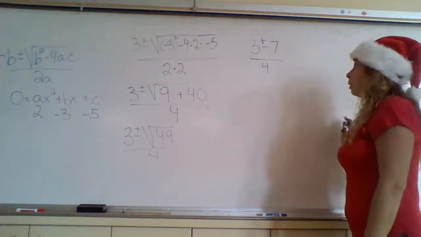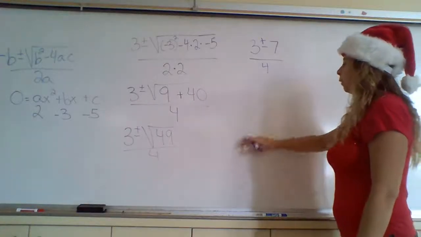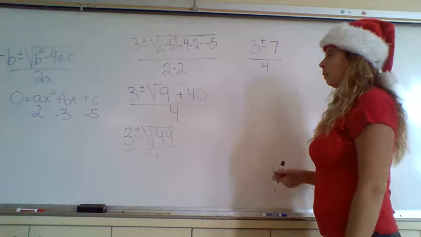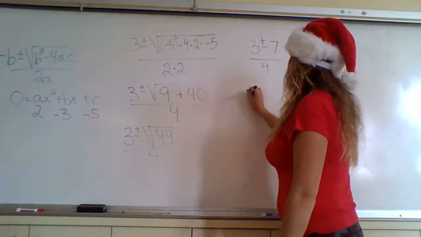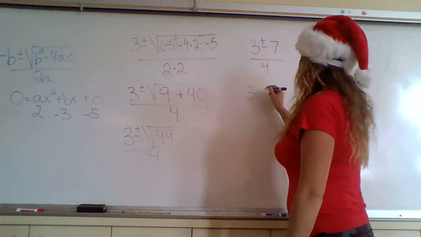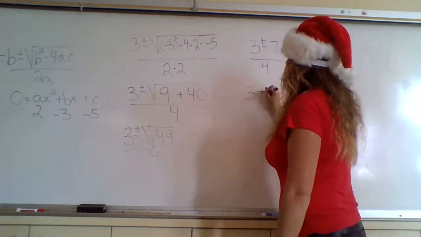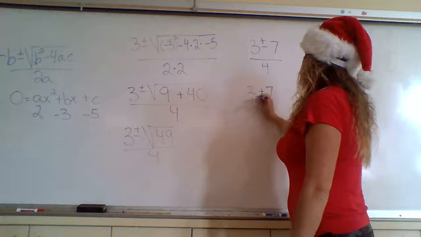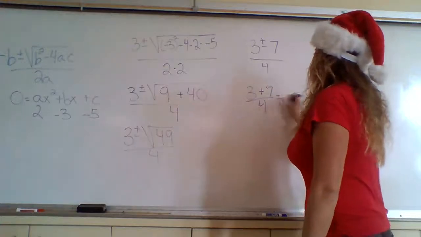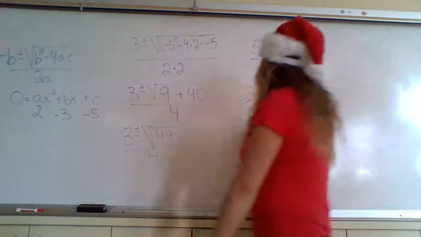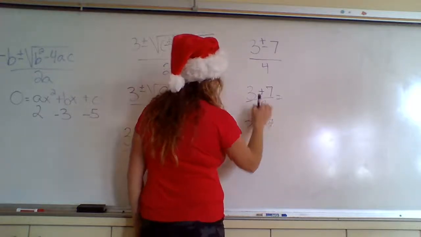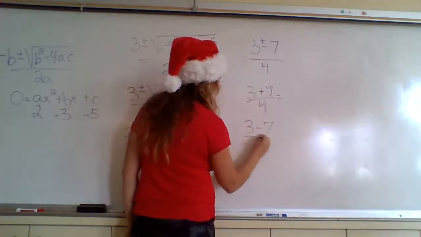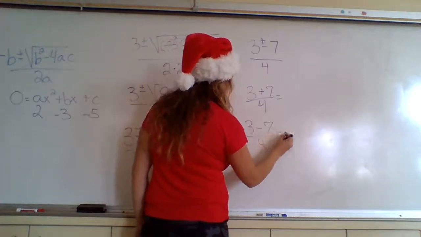Okay, here's where we are, where you turn it into 2 different equations. I have 3 plus 7 all over 4 equals something. And I have 3 minus 7 all over 4, which equals something else.